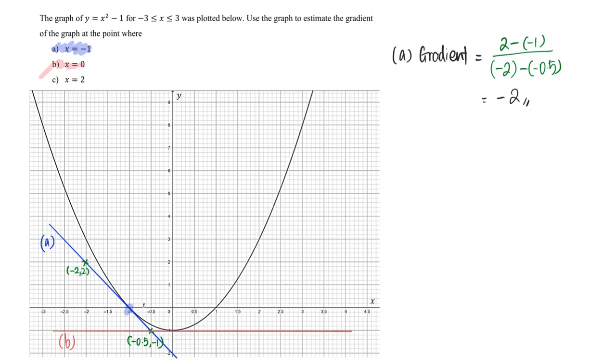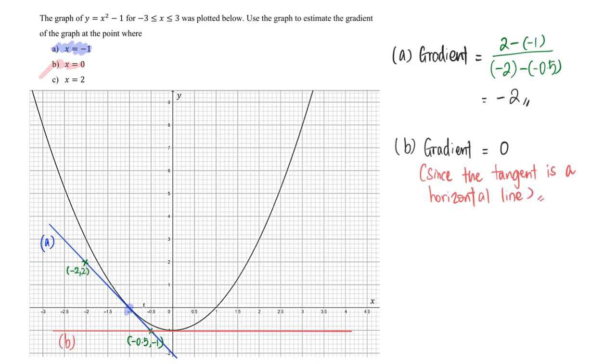And we all know that for part B, the gradient will straight away be equal to 0 since the tangent is a horizontal line. For a horizontal line, the gradient is 0.